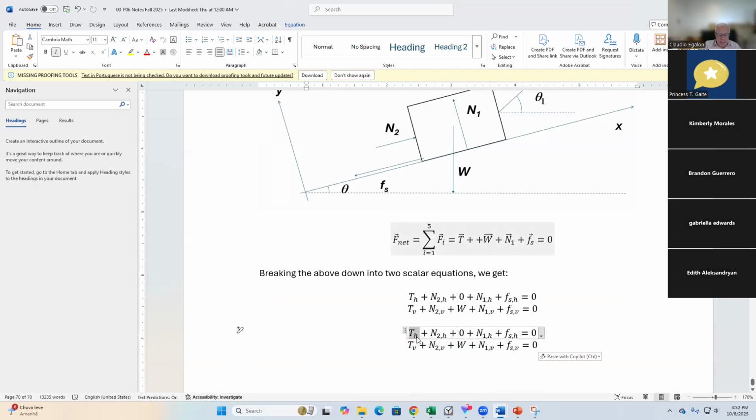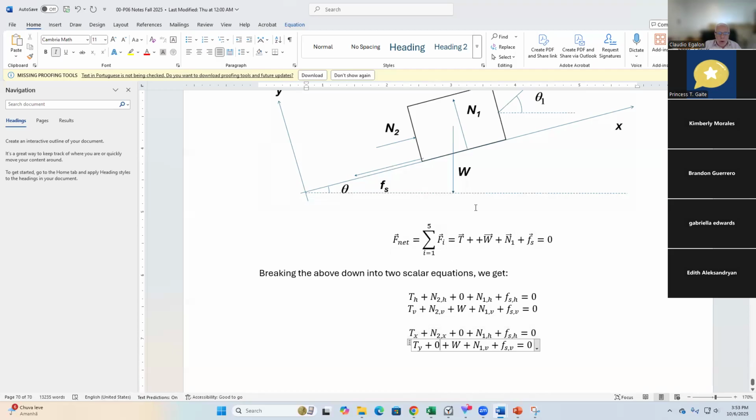We are going to have the X component of the tension and the Y component of the tension. We are going to have only the X component of the second normal, and the Y component of the second normal is going to be 0, because this normal here is only parallel to the X-axis. See that?